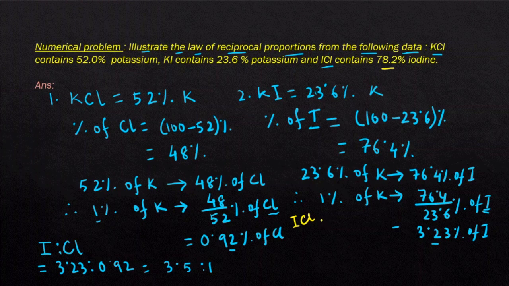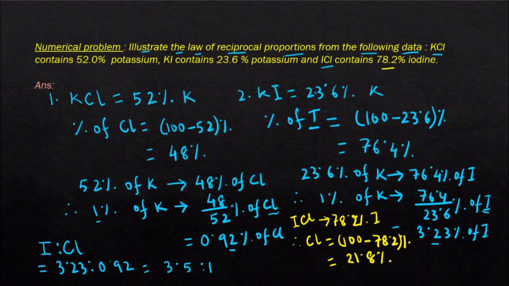Our third compound is ICl, which contains 78.2% of iodine. Therefore, chlorine equals 100 minus 78.2, which equals 21.8%. Now, let's check the mass ratio of iodine and chlorine from this information.